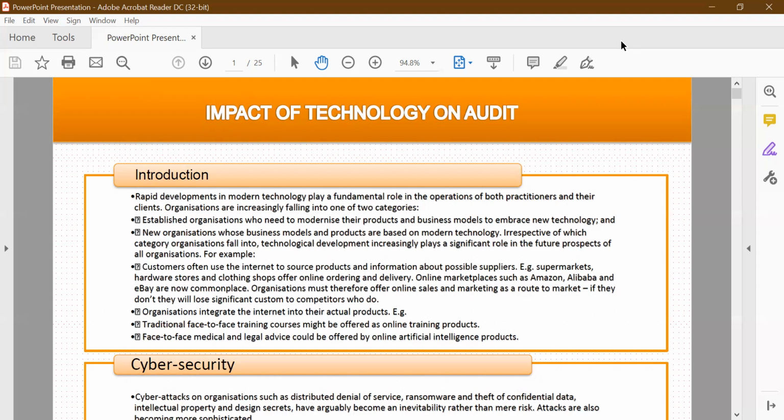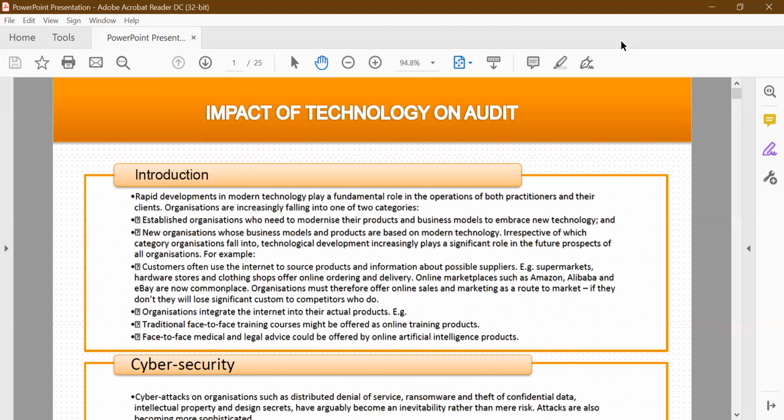It's very important to note because no organization can exist in this 21st century without some form of technology. If you want to scale your business, if you want your business to operate efficiently, you need technology.